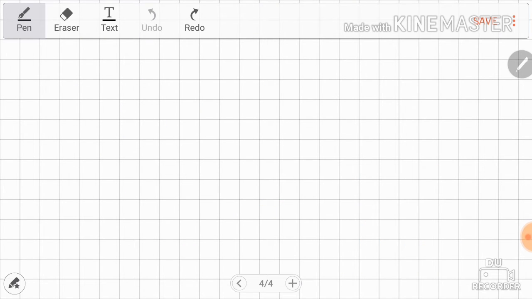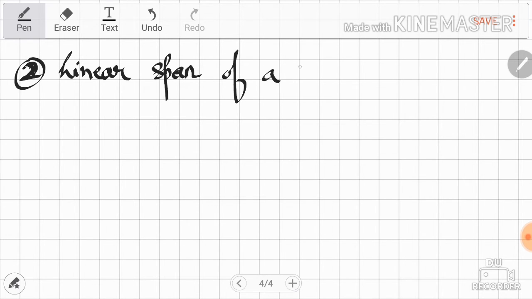Let us now look at the meaning of linear span. That's our second definition. So when you talk about linear span, we consider a set. We talk about linear span of a set, of course, in a vector space.